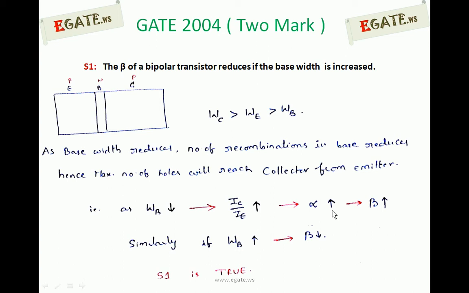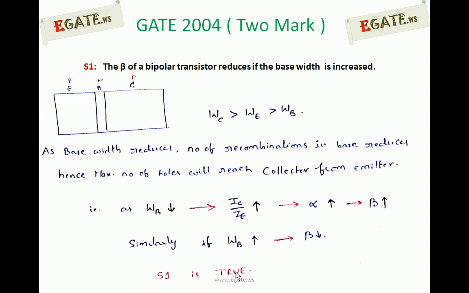Whenever alpha increases, the common emitter current gain, that is beta, also increases. Beta is equal to alpha by 1 minus alpha. So as WB reduces, beta increases. Otherwise, if WB increases, beta reduces. The statement given is that the beta of a bipolar transistor reduces if base width is increased. So this is true. If base width increases, beta reduces. So Statement 1 is true.